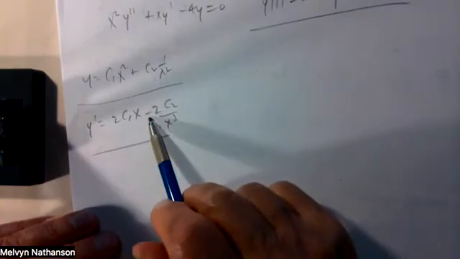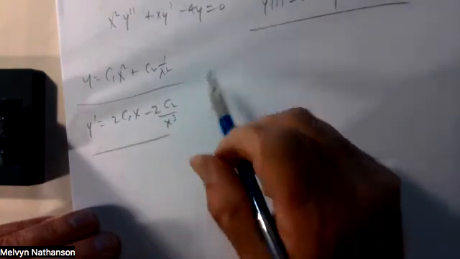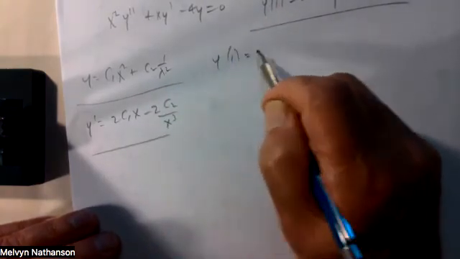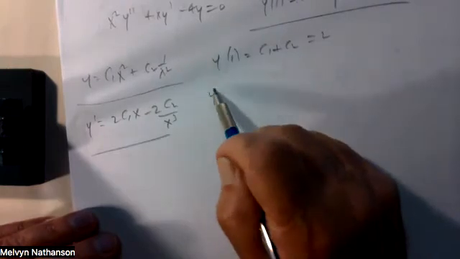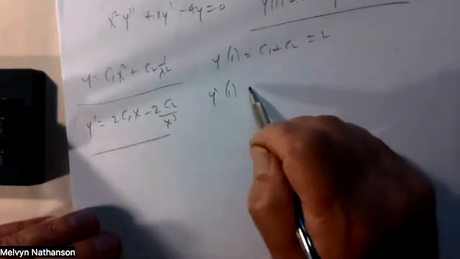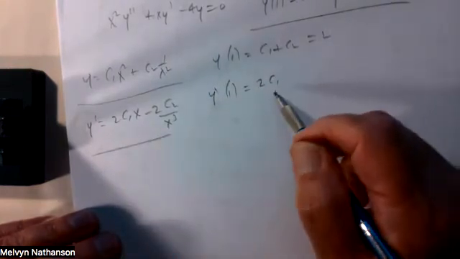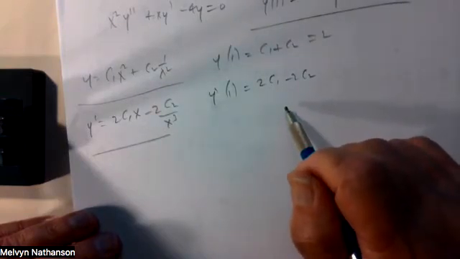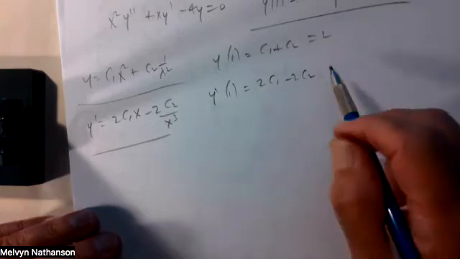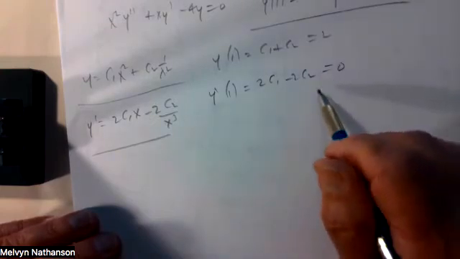So let's evaluate these at x equal 1. So y of 1 is c1 plus c2, and we want that to be equal to 2. And y prime of 1 is 2c1 minus 2c2 when x is equal to 1.